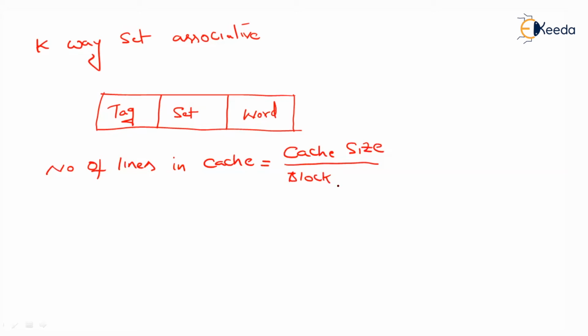If you divide cache size by the block size, you are going to get the total number of lines.